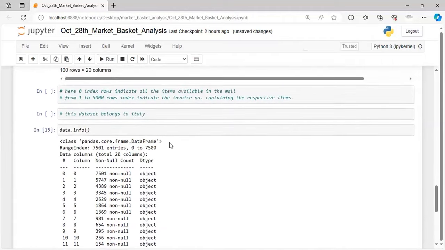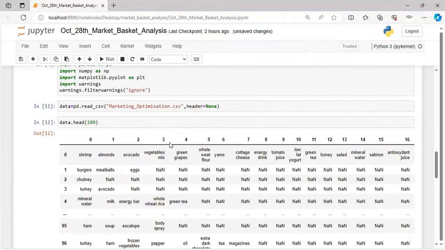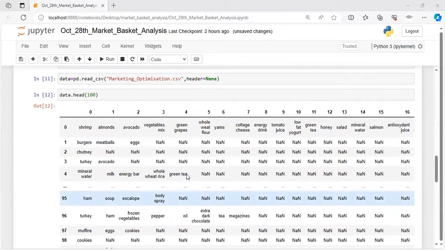Sir, I'm still struggling to understand why you're saying row 0 contains all the items available in the mall, because when we go to row 1, they say burgers, which is not there in row 0. They have meatballs, which is also not there in row 0. They have eggs also, which is not there in row 0. And in row 2, there is chutney, which is also not in row 0, right? Mineral water is here.